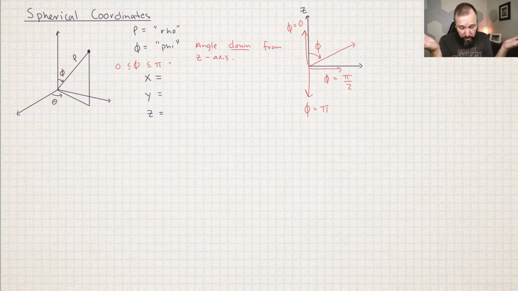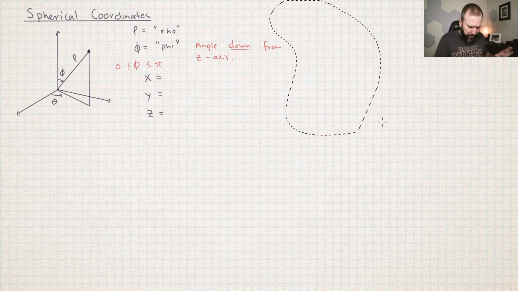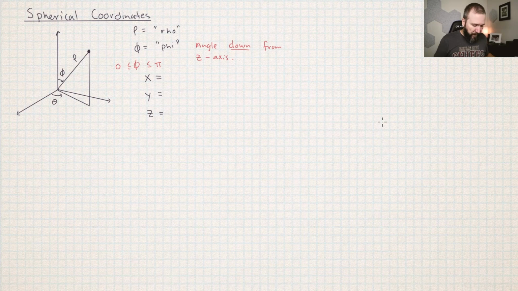If you want to, you can break that convention and go all the way down past the negative z-axis. It's just a little bit weird to do it that way. There are ways to arrive at the correct answer, but it leads to mistakes about double counting area and including some negative radiuses. So let's keep it simple and just keep phi between 0 and pi.